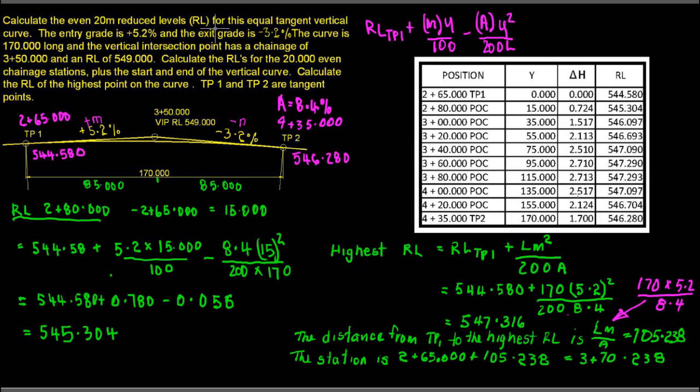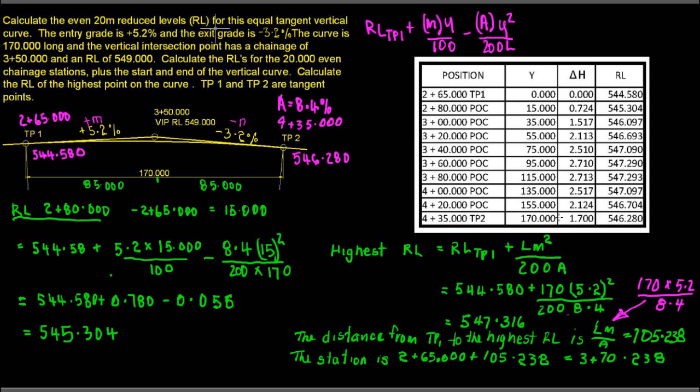We could look at our table and see that there could be a higher value between some of these stations. Just exactly where could that occur? It could occur in between here, if these ones are heading downwards.